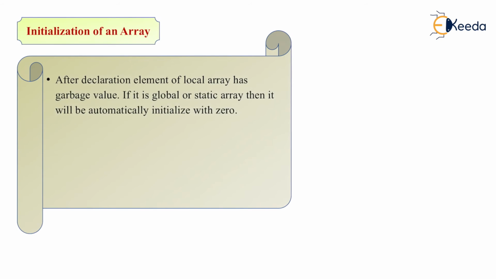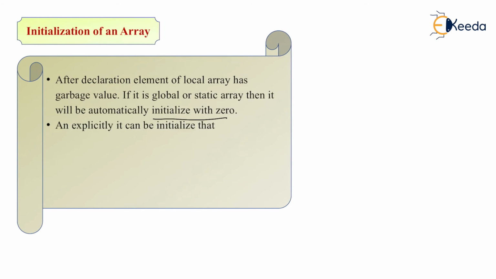Next, initialization of an array. After declaration, the elements of a local array have garbage values. But if it is a global or a static array, then it will be automatically initialized with 0.